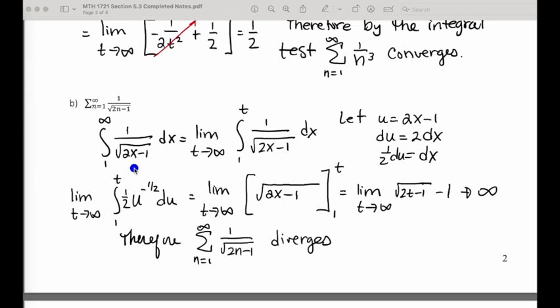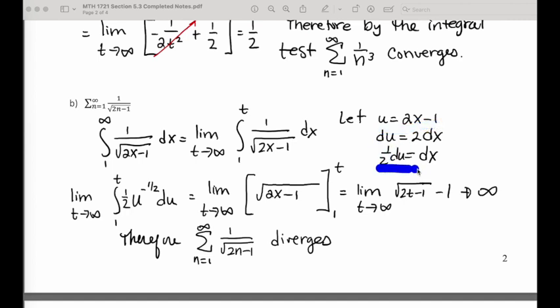So I'm going to set up an improper integral from 1 to infinity of 1 over the square root of 2x minus 1 dx. I'm going to rewrite it as the limit as t goes to infinity from 1 to t of 1 over the square root of 2x minus 1 dx. Using substitution to evaluate this, I'm going to let u be 2x minus 1.